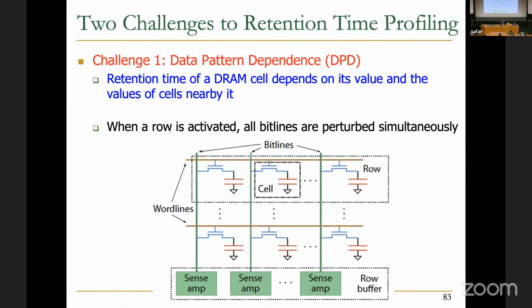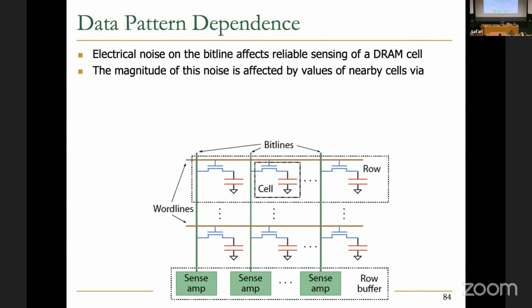And also there is some effect of the neighboring cells' data pattern on a particular DRAM cell as well. So there is electrical noise on the bit line that affects the reliable sensing of the DRAM cell. We will see more of this effect in the RowHammer part of the lecture as well.